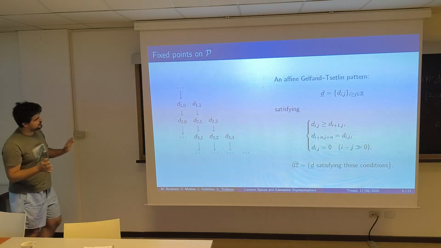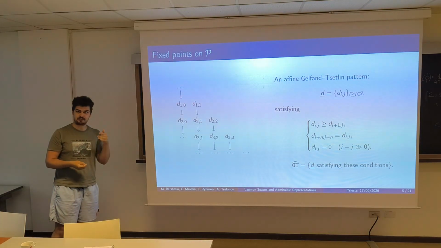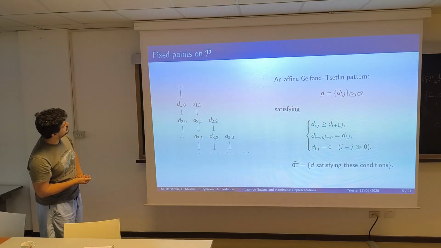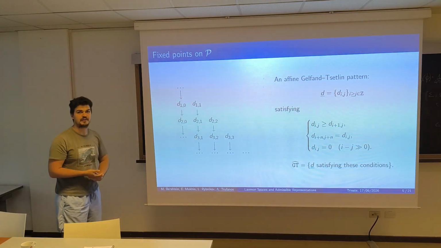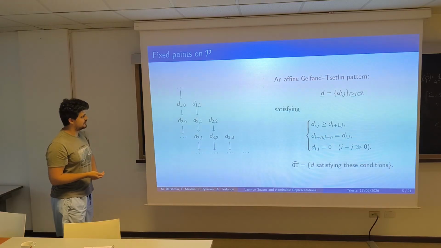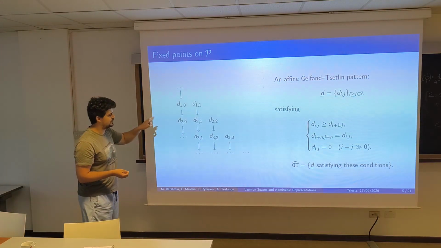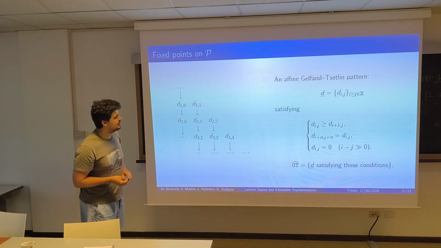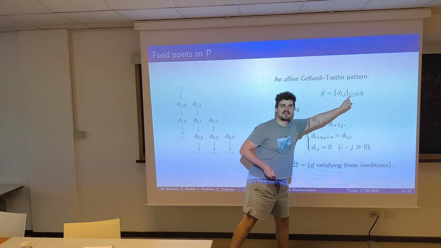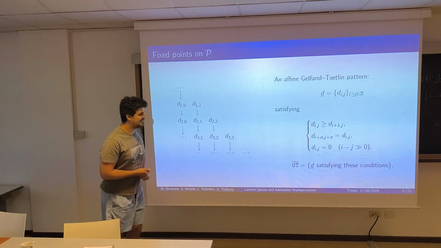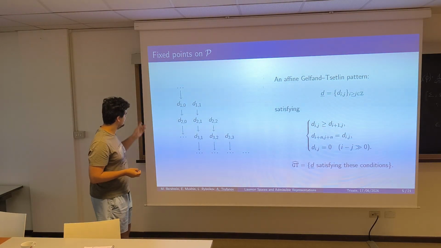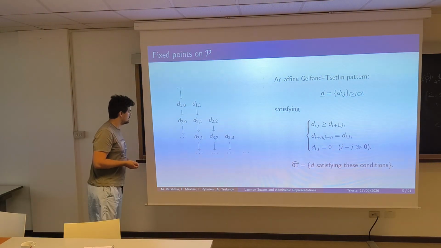These fixed points on P with respect to the torus are enumerated by some data that we call affine Gelfand-Tsetlin patterns. What is it? It is a bunch of non-negative integer numbers, not written here, but they are non-negative. There are a few conditions for them.